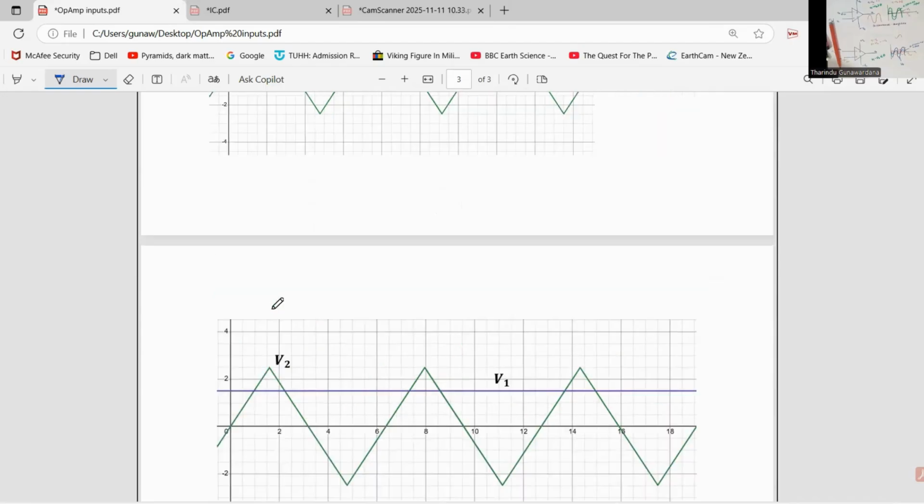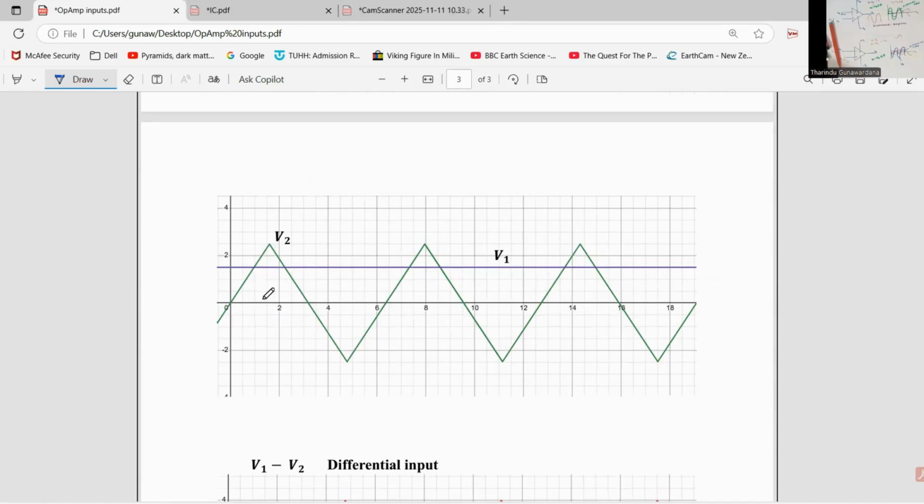Then let's calculate the V1 minus V2 value at this point. V1 is 1.5. The V2 value is plus 2.5. Then what is the V1 minus V2 value? It equals 1.5 minus 2.5.